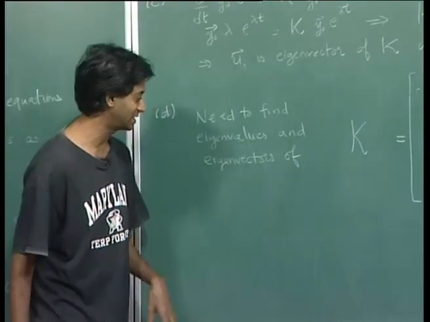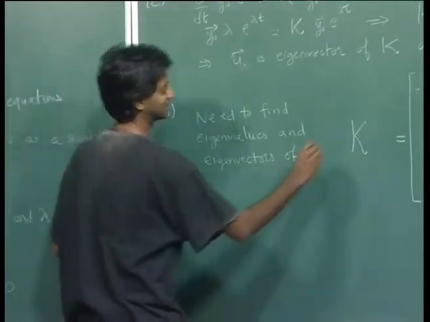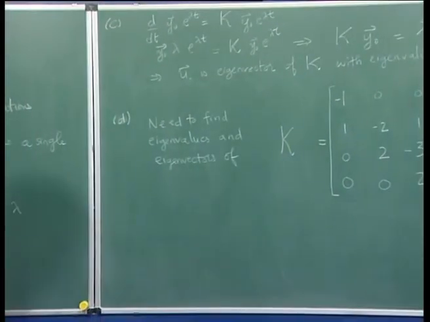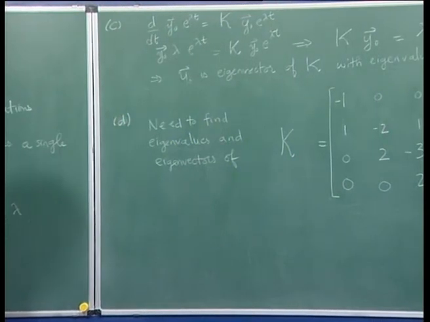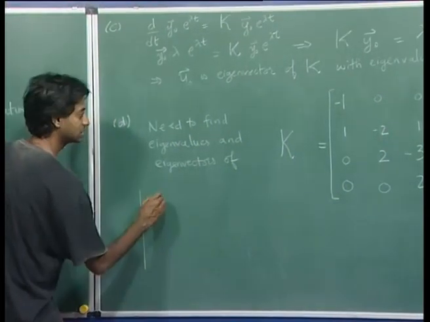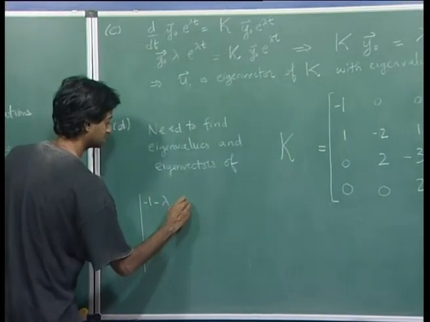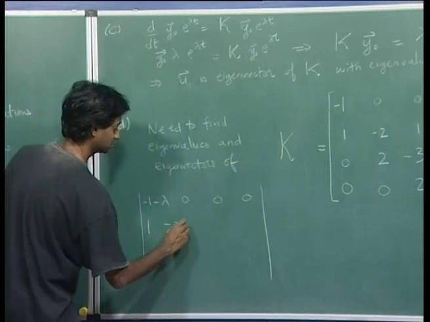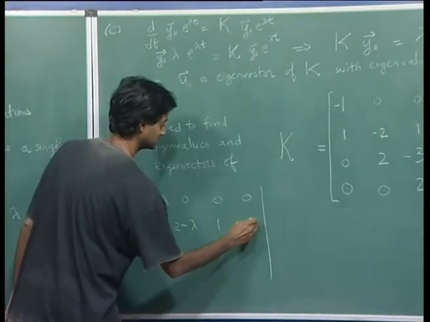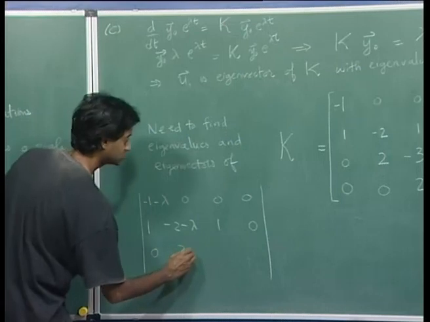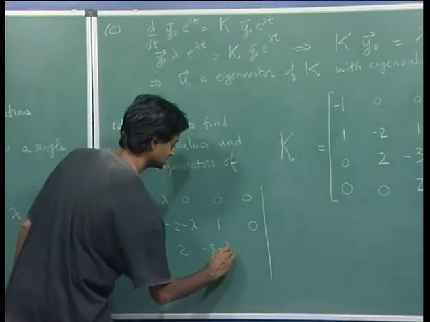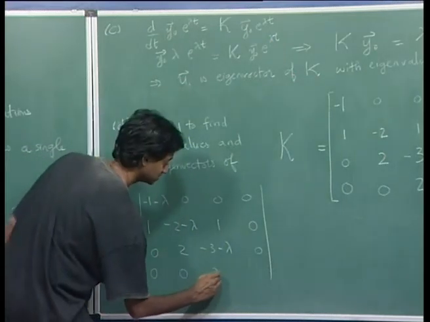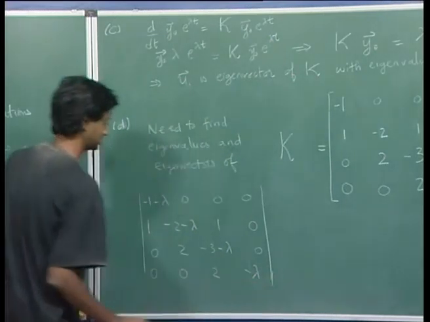Now let us try to find the eigenvalues. What we do is, along the diagonal elements, we subtract lambda, and we set the determinant of that matrix to 0. So, what we will do is -1 minus lambda 0 0 0 1, -2 minus lambda 1 0 0 2, -3 minus lambda 0 0 0 2 minus lambda.